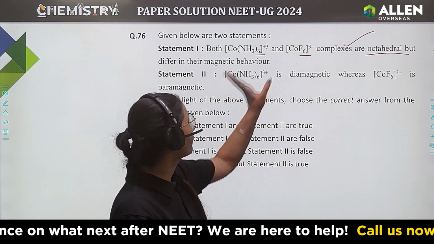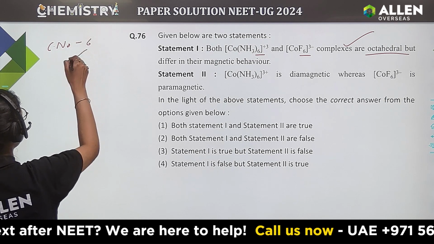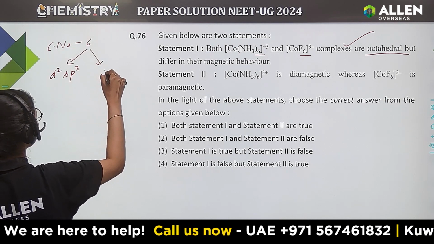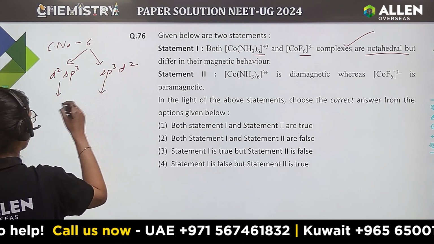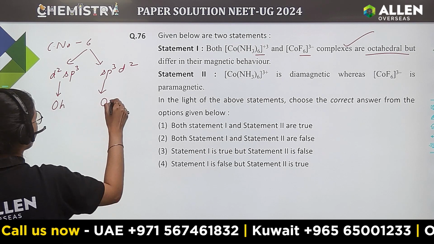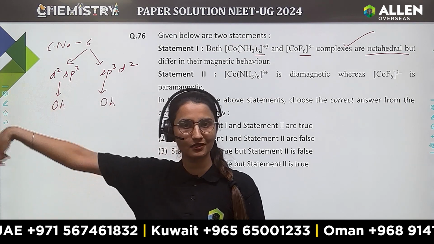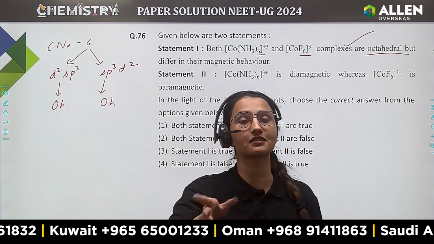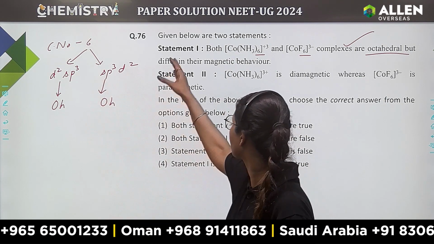Here both have coordination number 6. So even if hybridization is d2sp3, even if it is sp3d2, both will have what shape? Octahedral. If inner d is used, it is an inner orbital complex. If outer d is used, it is an outer orbital complex, but it is octahedral for these. So without solving, you know statement 1 is apt.